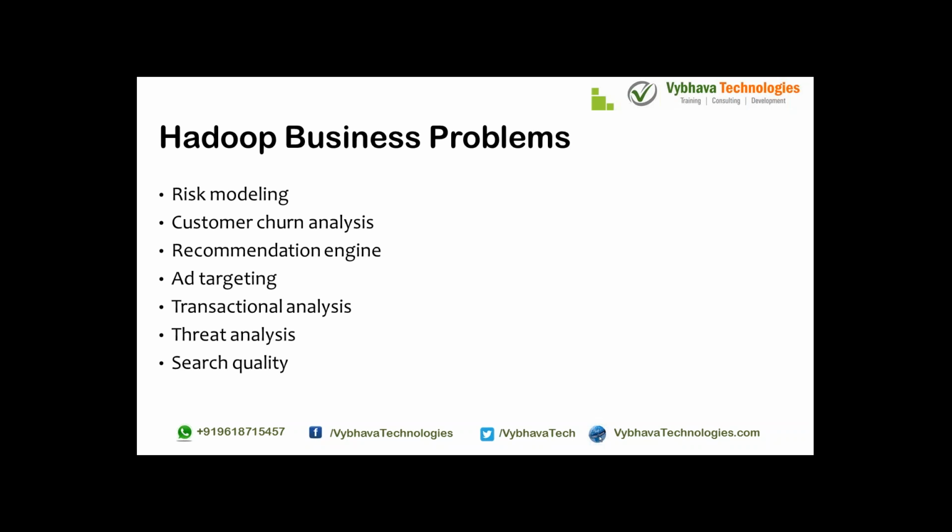It is mainly used in the financial sector. Okay. Customer trends analysis. What is customer trends analysis? Take an online website like Amazon. Amazon is selling so much, and all of a sudden users are dropping off, leaving and deleting their Amazon accounts. You want to know why they are leaving.